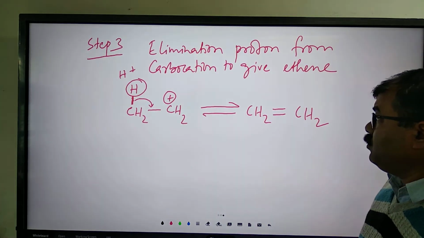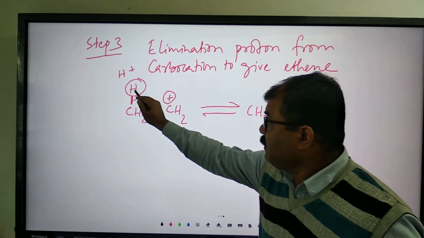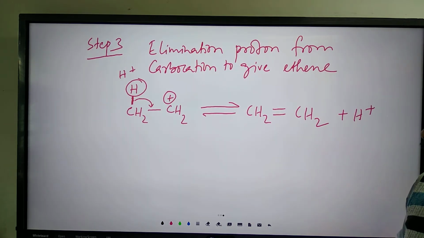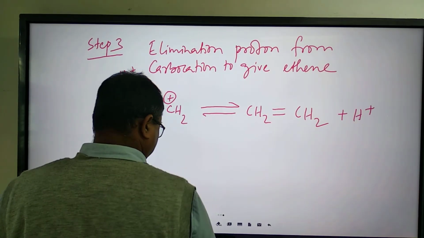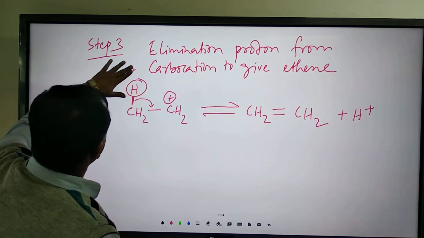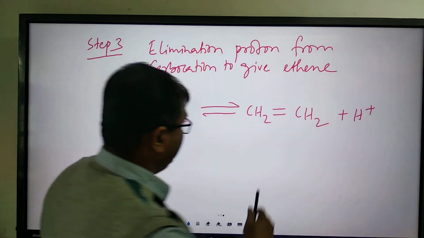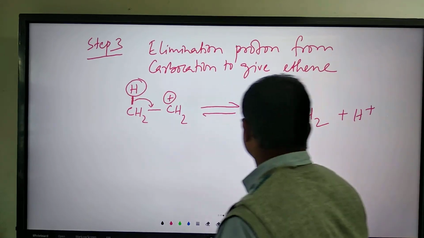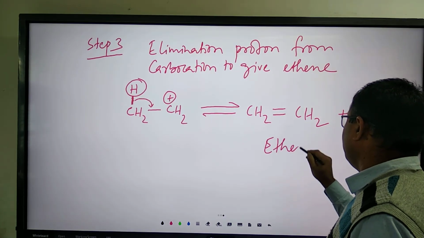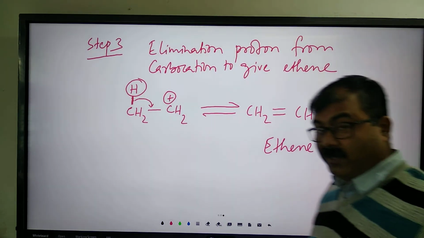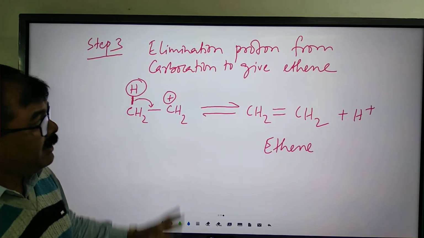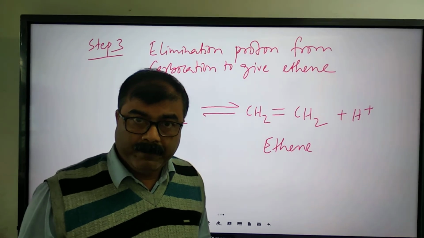So we get CH2=CH2, ethene, and the proton is regenerated. This is step 3.